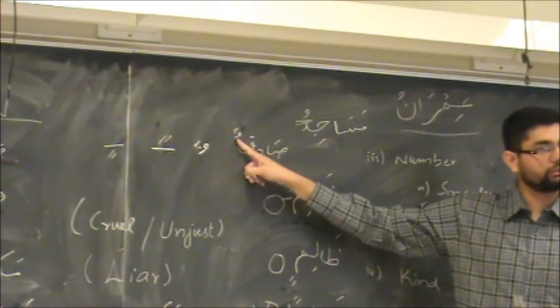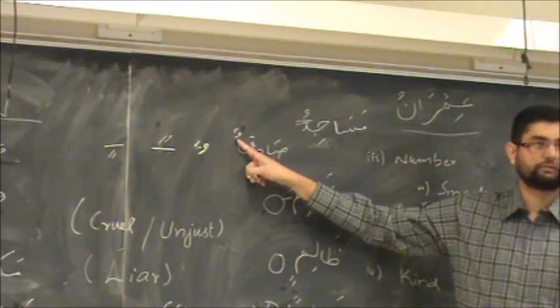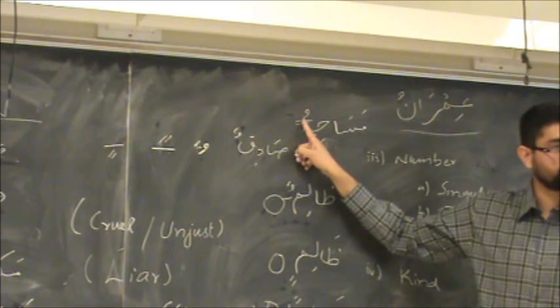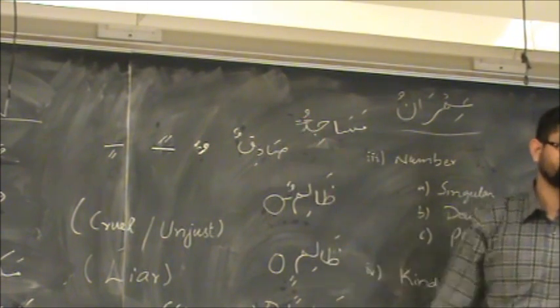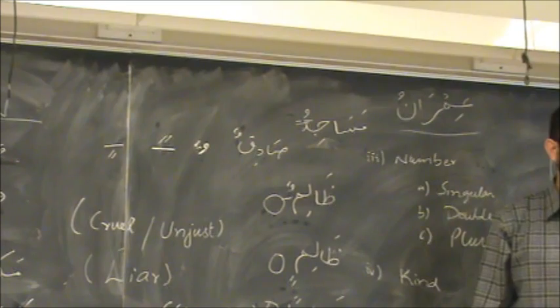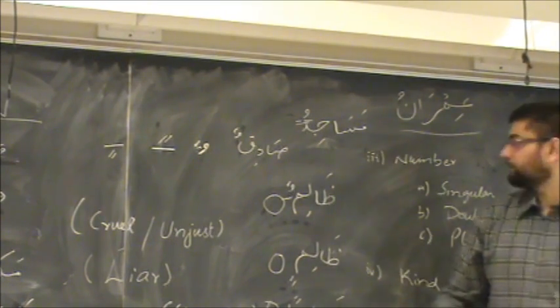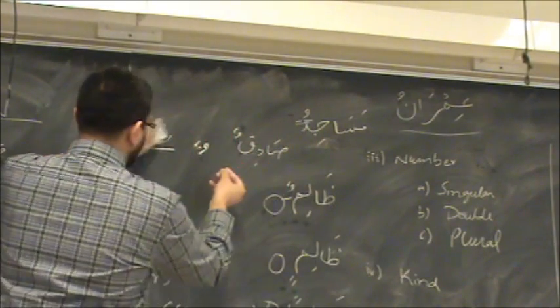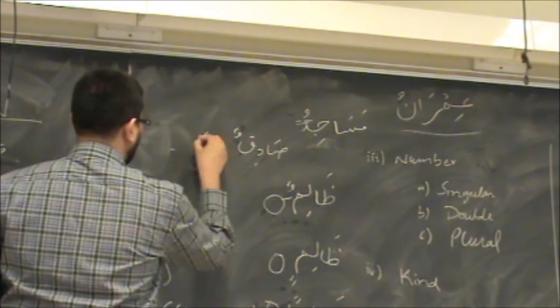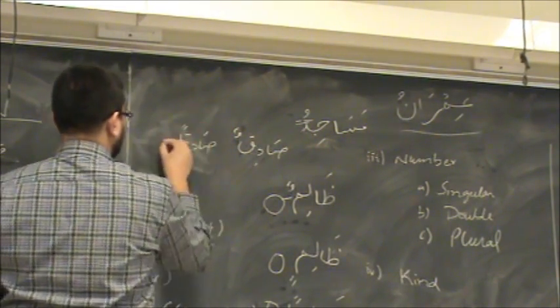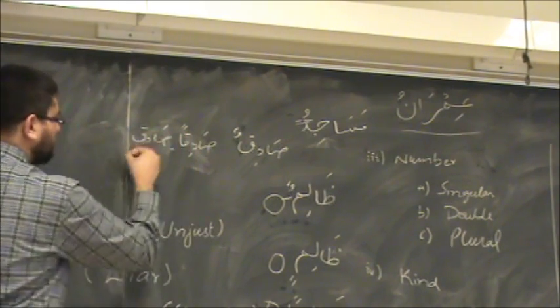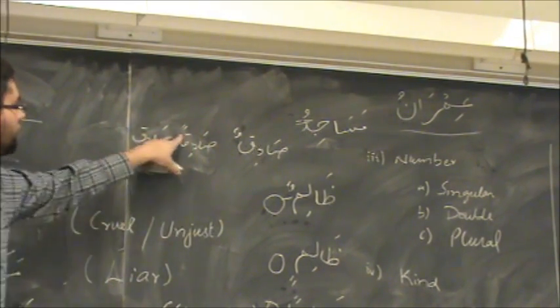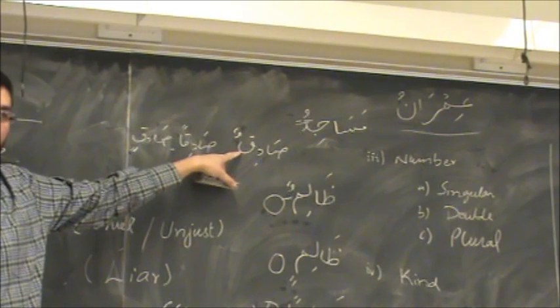So which category is it? First. Here you don't have. So which category is it? Second. It's written in this way everywhere. So the first category will always have tanween. What will it be? Either sadiqun or sadiqan or sadiqin. So it will always have tanween if it's in the first category.